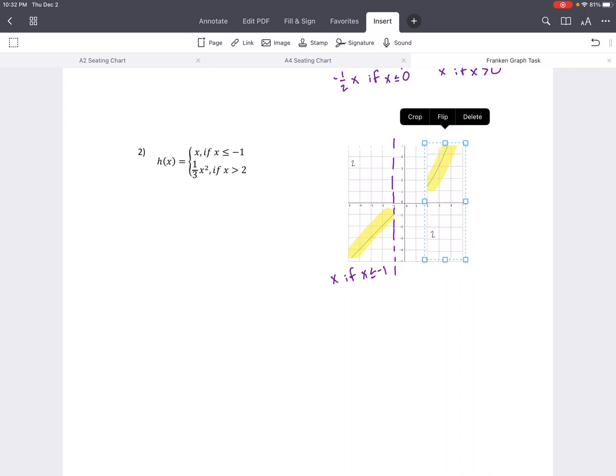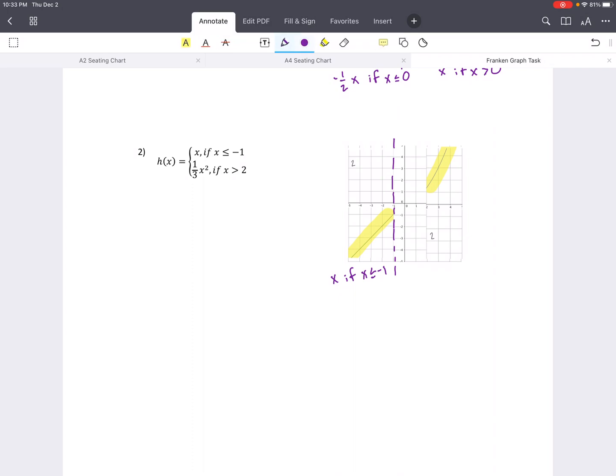That one went much smoother. Close enough, right? And that would be our piecewise function for number 2. We do have a gap in the middle, and that's okay because the function was not defined for those points.